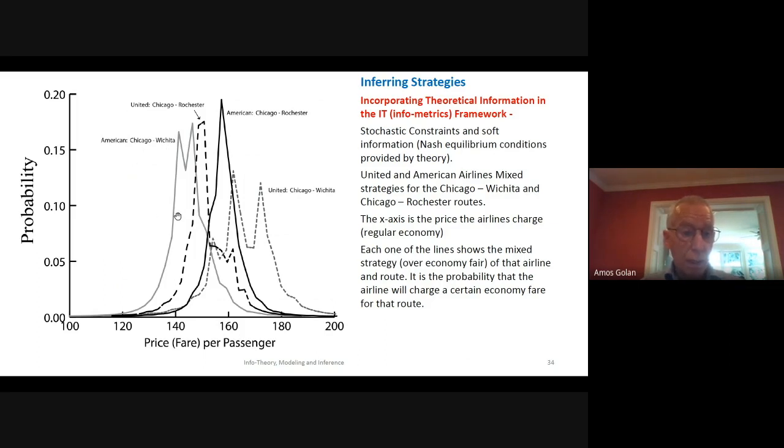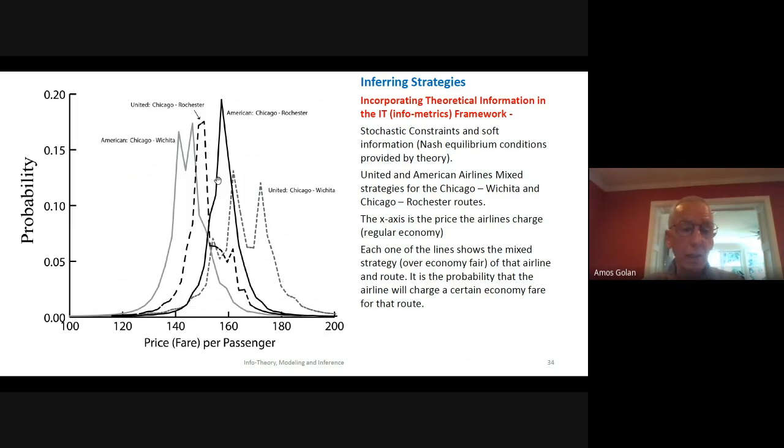The gray line is American, you see, with two peaks. This is the price fare per passenger, economy class. And this is the Chicago, Wichita United route. You see, it's very, very different. It dominates to the right. So they have much higher prices, and again, two peaks.